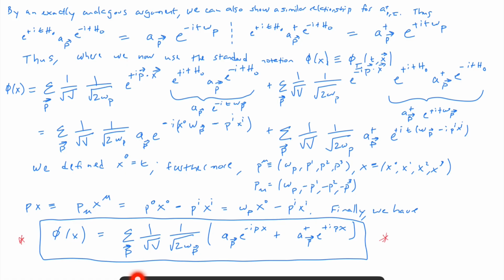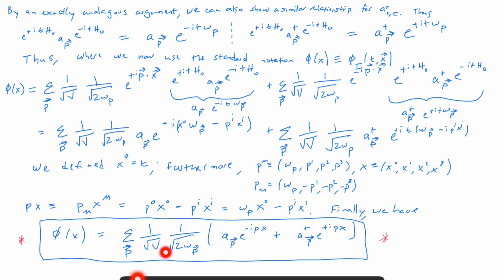We now have our operator phi at this voxel x at a time x naught. So now this is time dependent. This is in the interaction picture. We could put an I here, but we're not going to, because that's going to be the convention. And we have now transformed our phi x operator to a time dependent operator in the interaction picture, and this is the simple way of writing it.